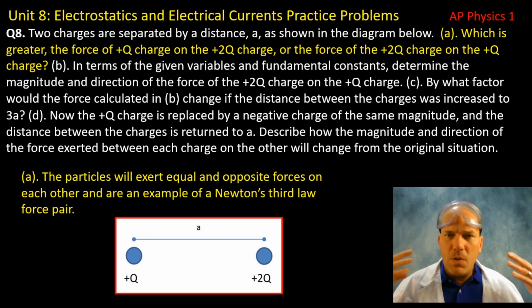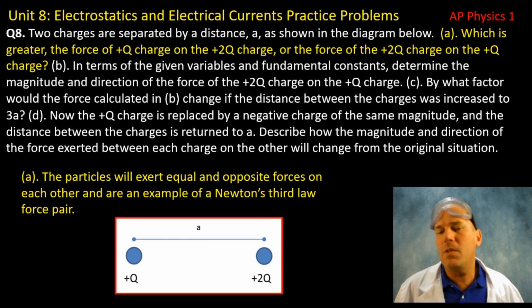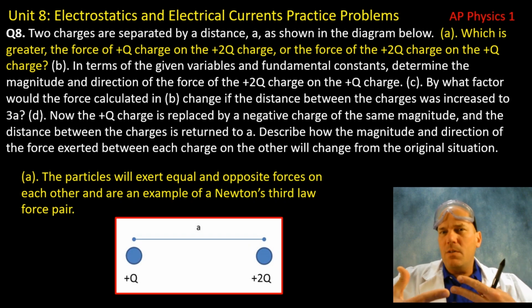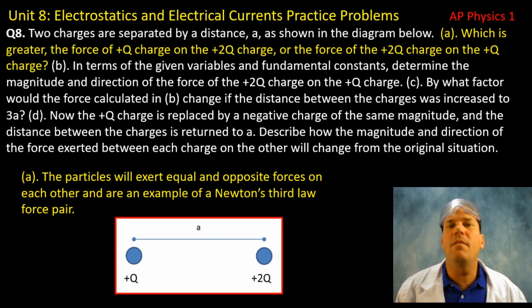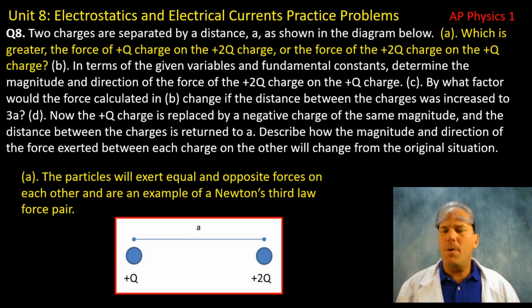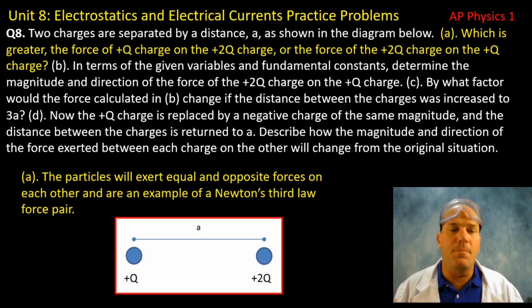They want you to understand that these two subatomic particles are going to exhibit Newton's third law. They are an example of a Newton's third law force pair. So the particles will exert equal and opposite forces, equal in magnitude, opposite in direction, on each other, and are a classic Newton's third law force pair.